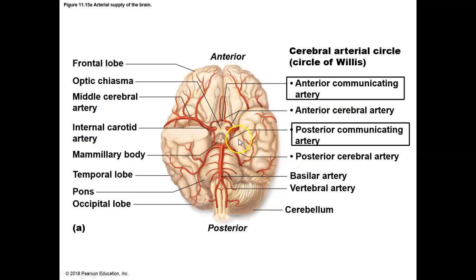So we have the anterior communicating and the posterior communicating arteries that help in forming this full circle called the circle of Willis. This allows blood flow in all areas of the cerebrum, and if there's any damage in one blood vessel, we have other routes we can take to still feed the brain.